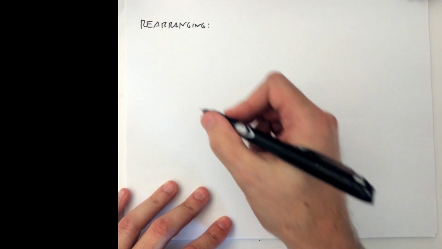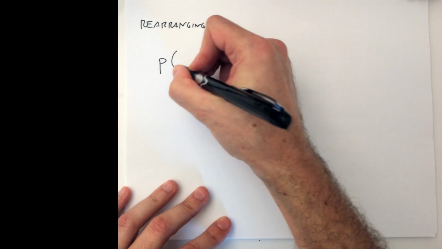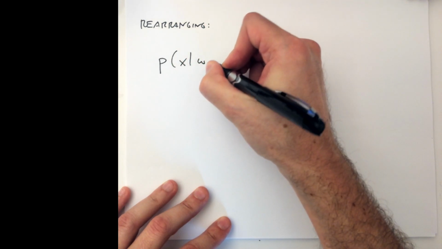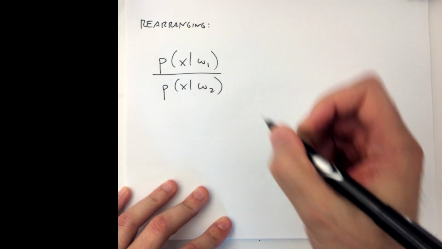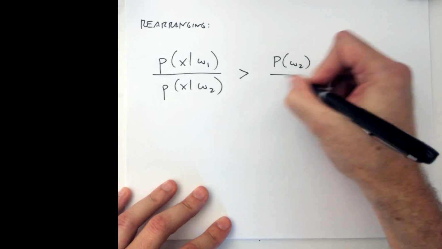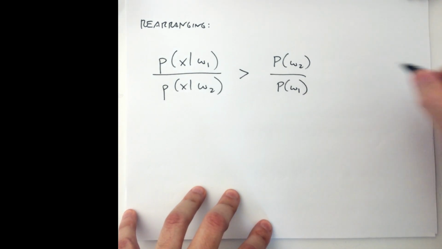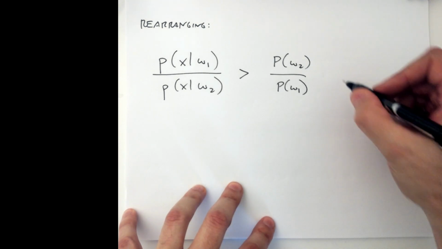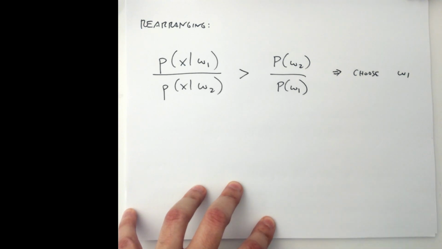The rule is to say, basically, if the likelihood here is bigger than this number, then I choose class 1, right?